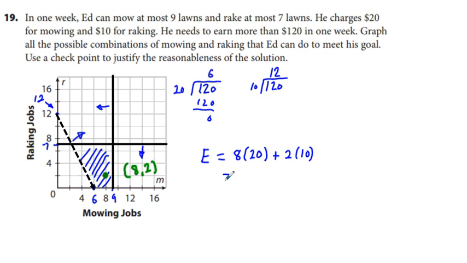And we're going to get 8 times 20 is $160. And 2 times 10 is $20. That's going to be $180 total, which, since $180 is more than what he needs to earn more than, which is $120, that checks out as a reasonable solution.